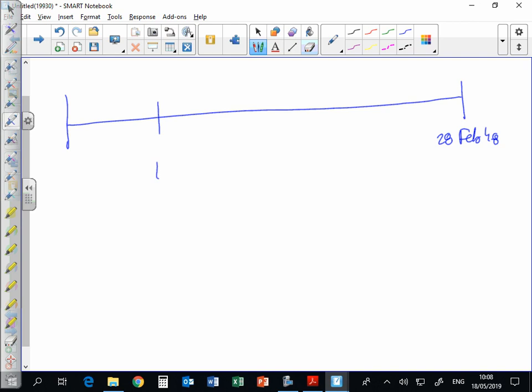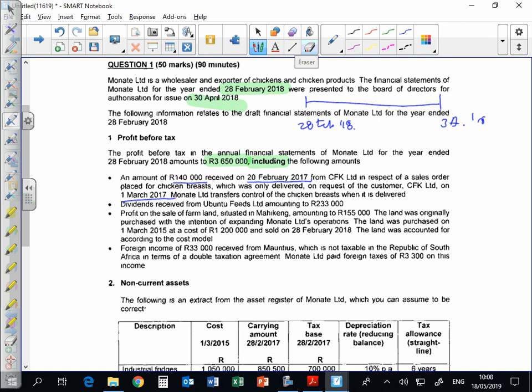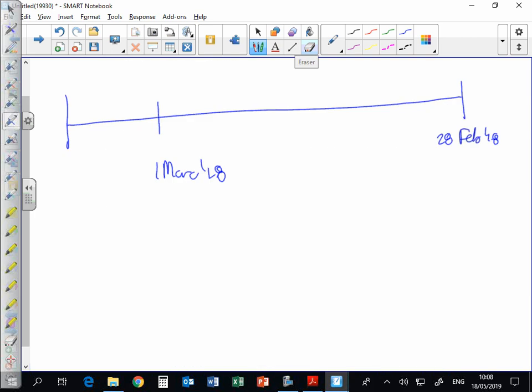Our first day would have been the 1st of March 2017, and the last day would have been obviously 28 Feb 2018. Right, so they're telling us that we received 140,000 on the 20th of February 2017. So before our year started, we received 140,000.